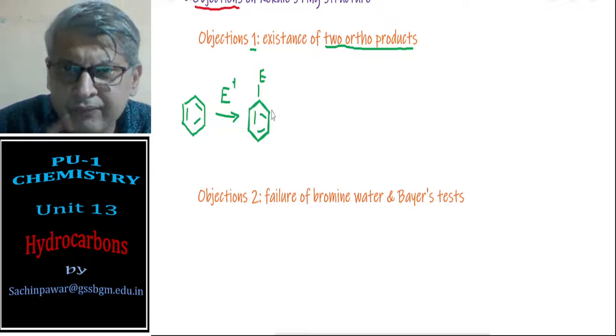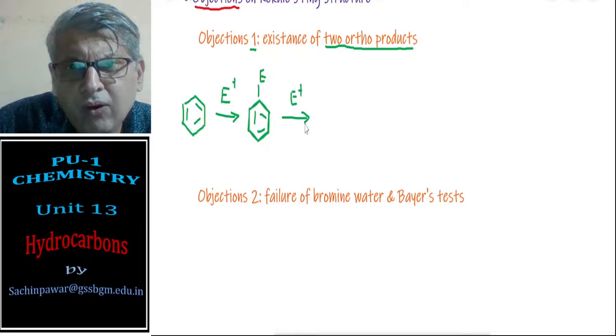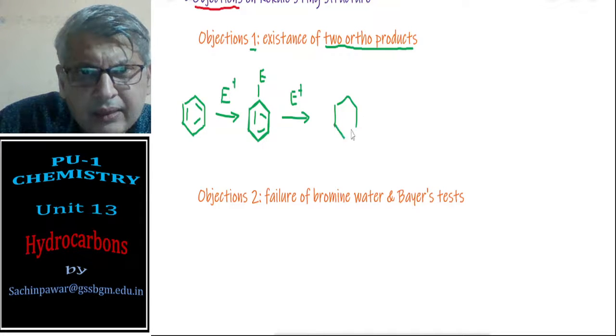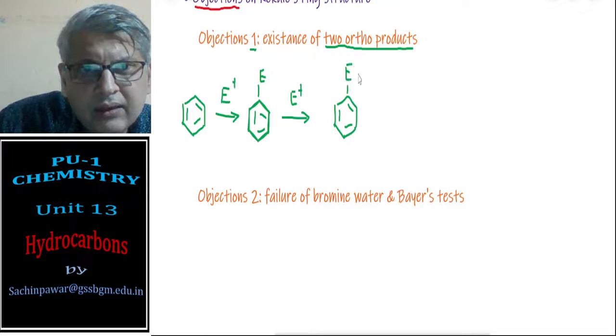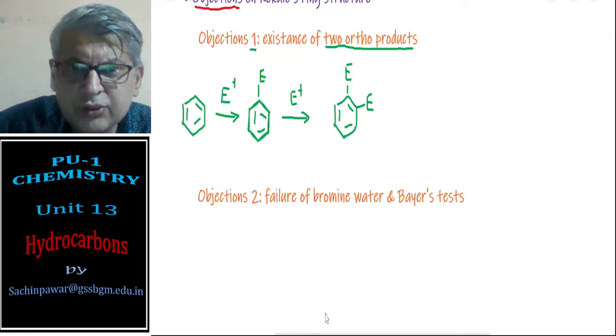Now if you go for one more substitution, the ortho product will be this, because 1,2 substitution is the ortho product.